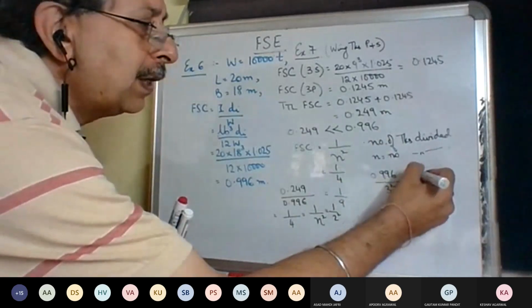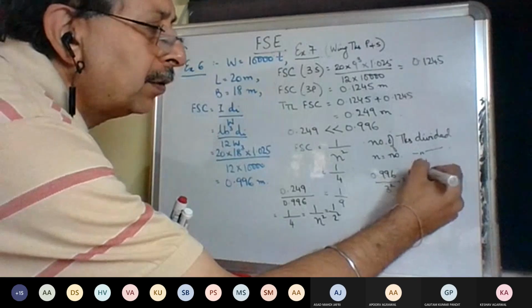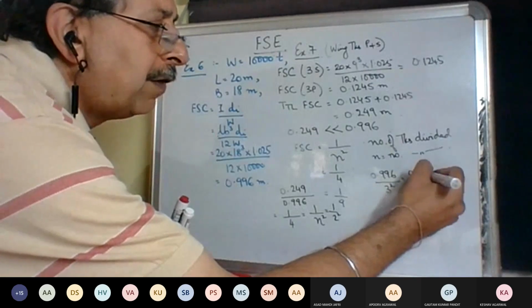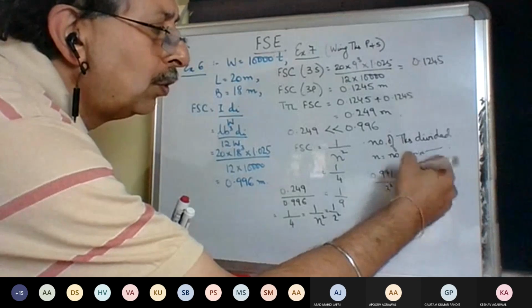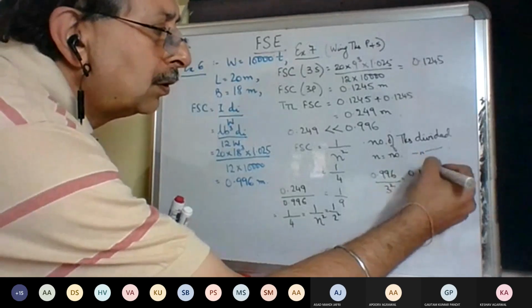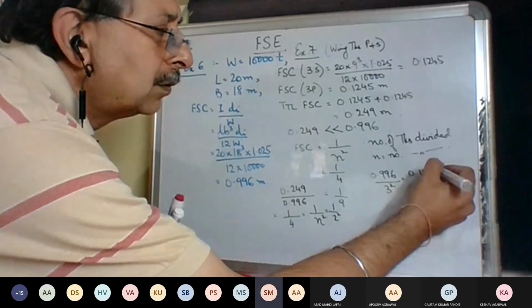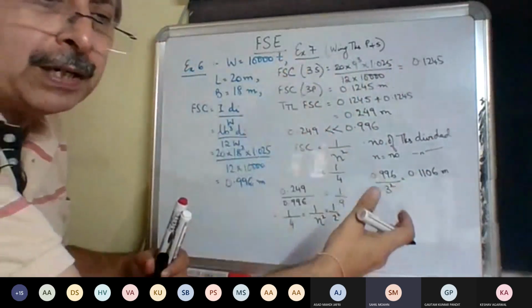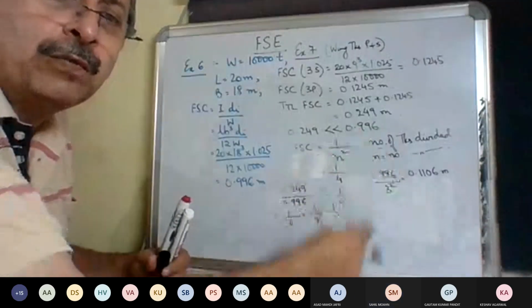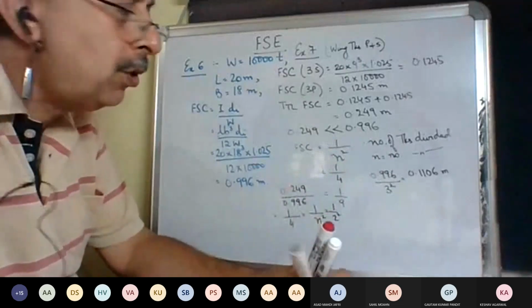So how much will be the FSC? 0.1 1, 0.110 06. Similarly, अगर मैं 4 में करता, तो you can find that out, and so on and so forth. Have you understood this part?